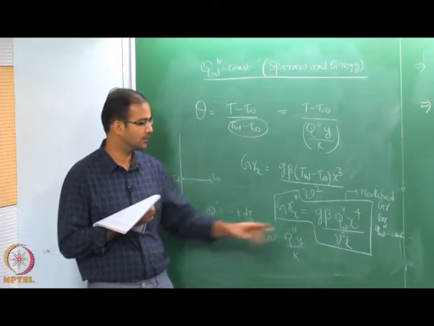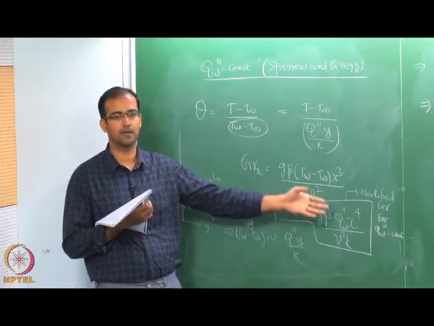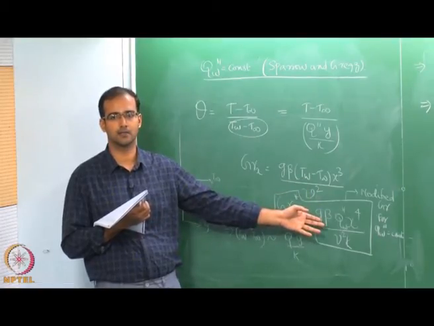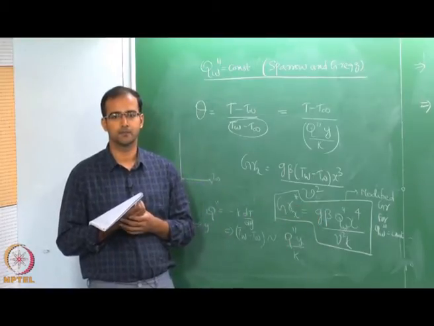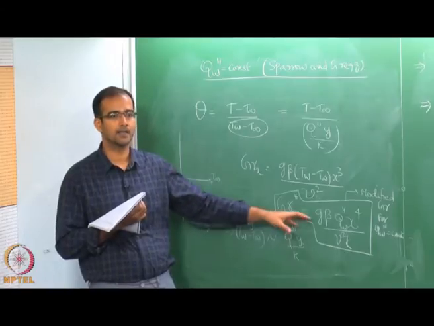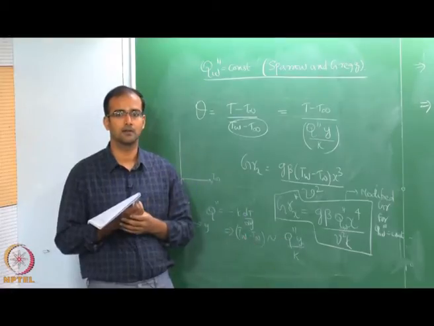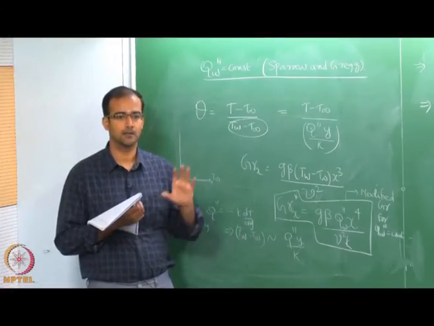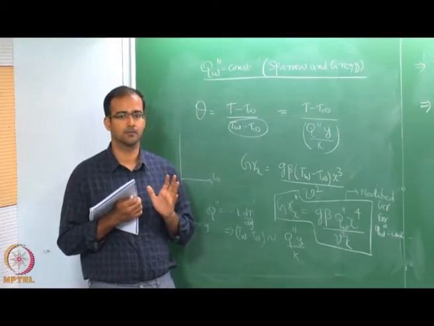So, this is a definition. There is nothing wrong in defining a Grashof number the way you want it, provided it is dimensionally consistent. This might not be an exact transformation of your conventional Grashof number, but you get a non-dimensional group.